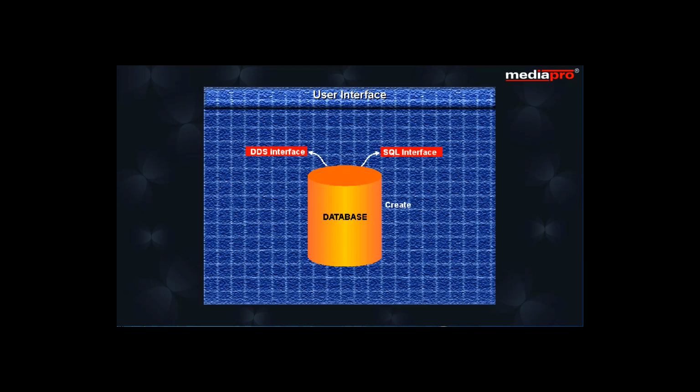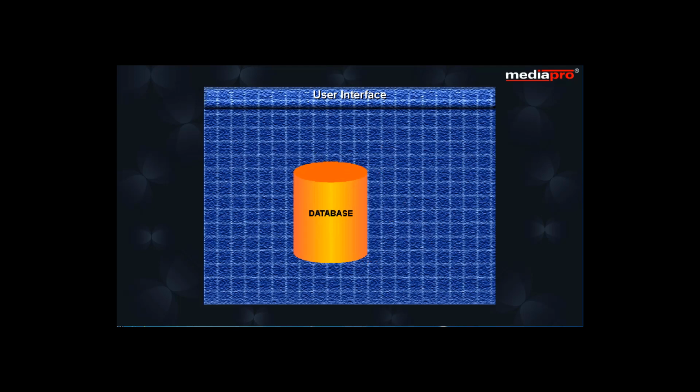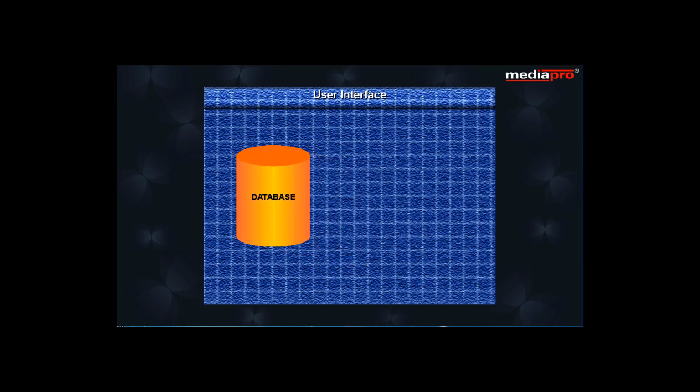You can create, access, and manipulate the data in the AS400 databases using either of the two interfaces. One disadvantage with this dual interface is that both the interfaces use different terminology that could sometimes be confusing for the user.